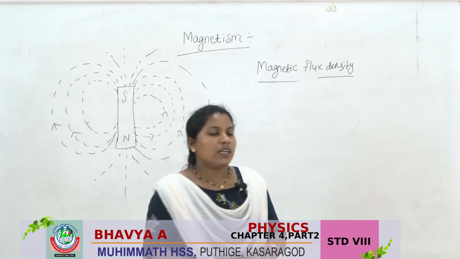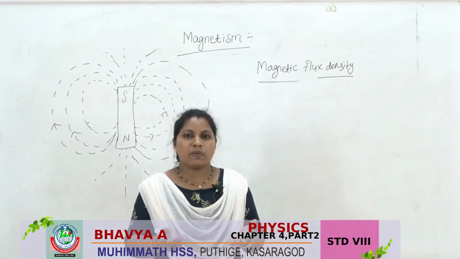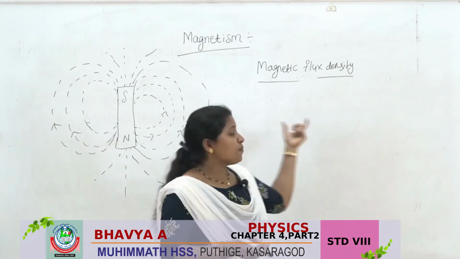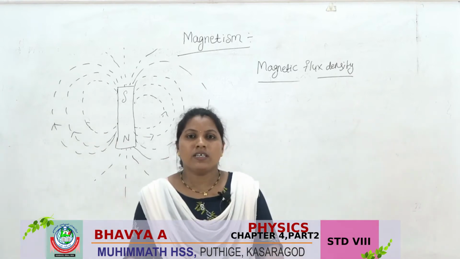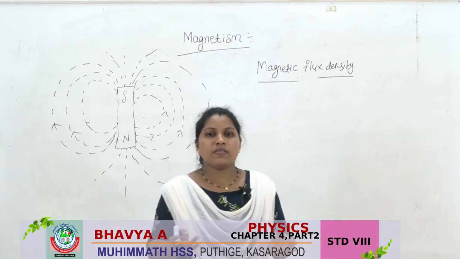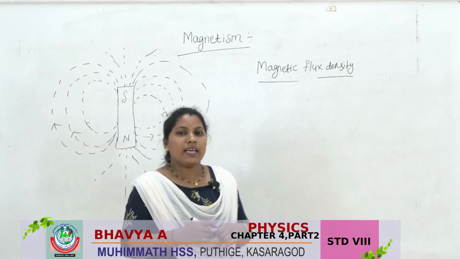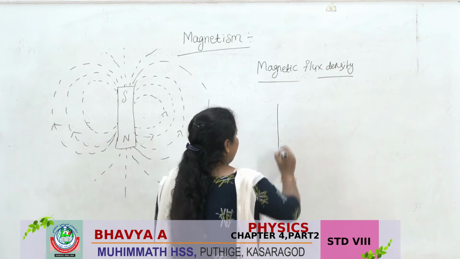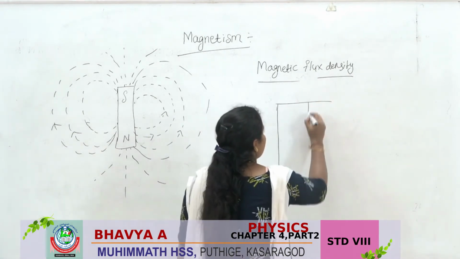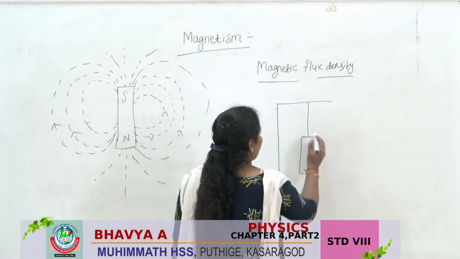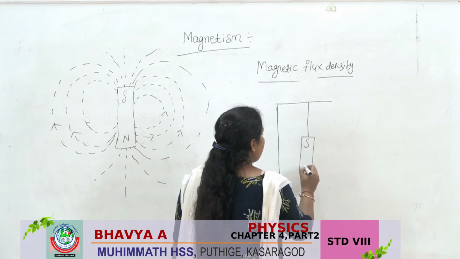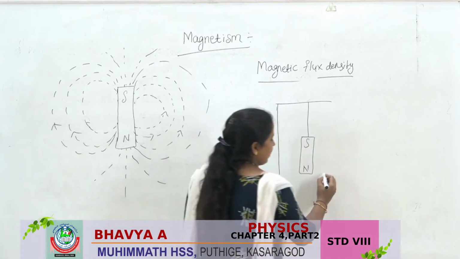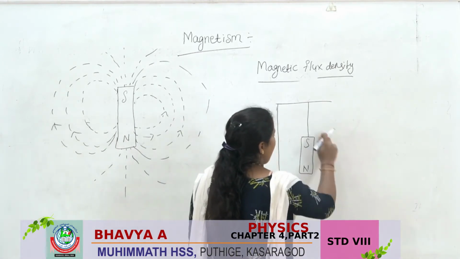For understanding purposes, we will explain it by an experiment, and then you will clearly understand. Take a bar magnet. It has two poles, north and south. Bring a magnetic needle near this bar magnet.